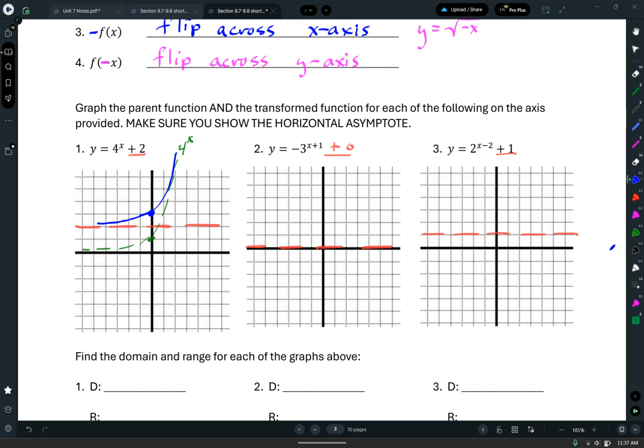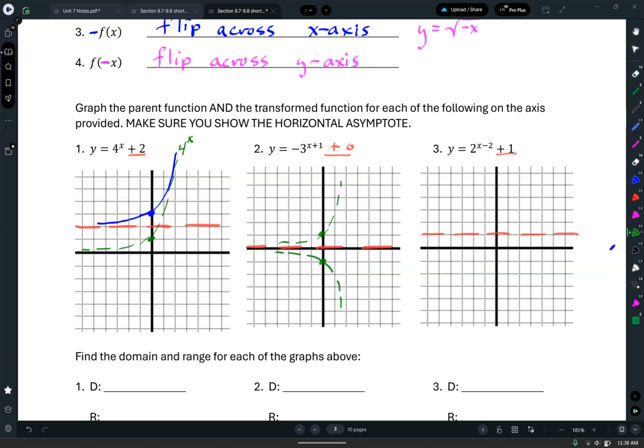On number 2, again, remember the basic parent function is the one that goes this direction, right? Well, what does that negative out in front do? That flips the whole thing across the x-axis. So what used to be up here at positive 1 flips across and is right here at negative 1. Do you see how that's just me flipping it across the x?